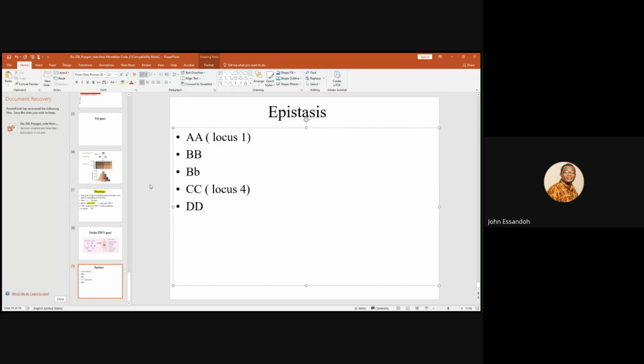Now, under normal circumstances, according to the law of independent assortment, we don't expect what is happening here to influence what is happening here. But we have some genes where, look at what is going to happen when you inherit this gene here and you inherit this gene together.